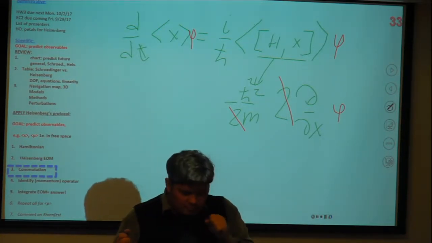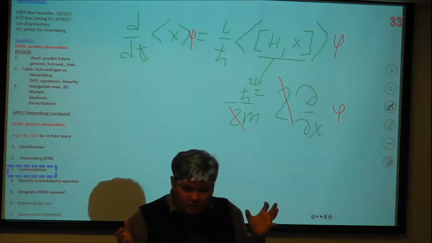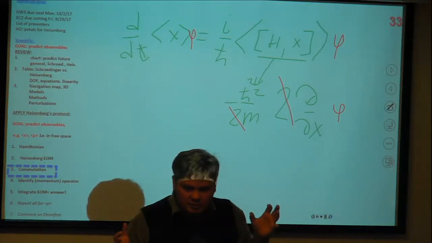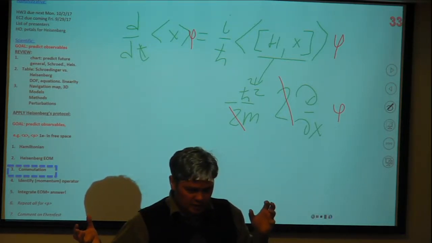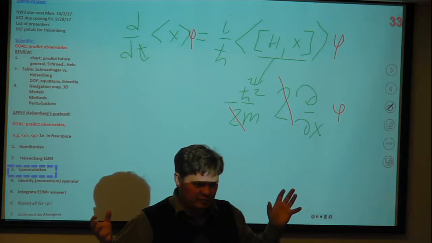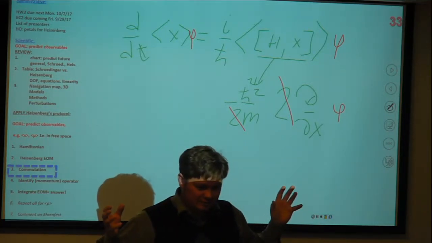So, remember, for each observable, there is a differential operator. And we do not know many of them. I can recall only one of them, by the way.